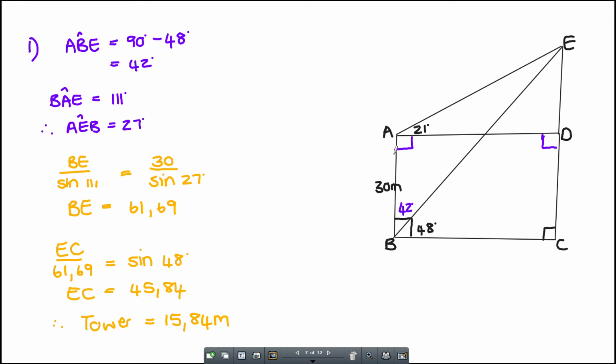Because they said AB is 30, we knew that BC would also be 30. ED and add the 30. You didn't have to, because the tower was only from D to E. Yeah, so that's the part that I actually want to calculate.